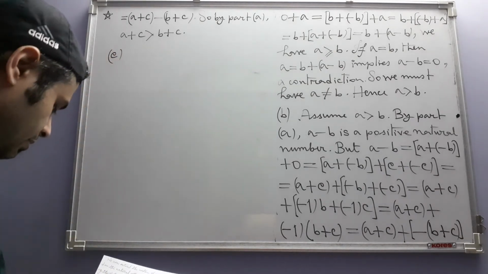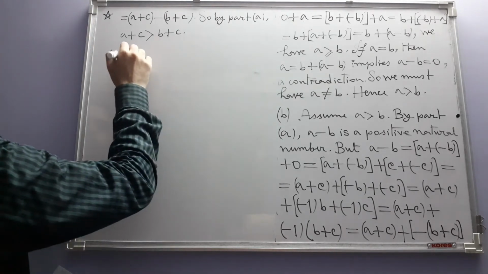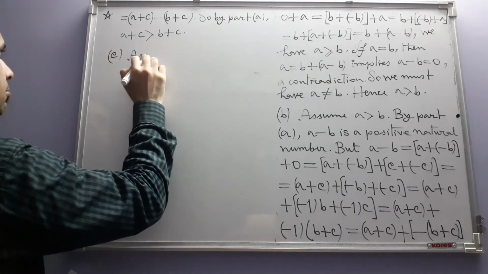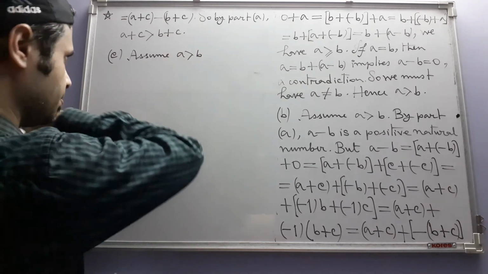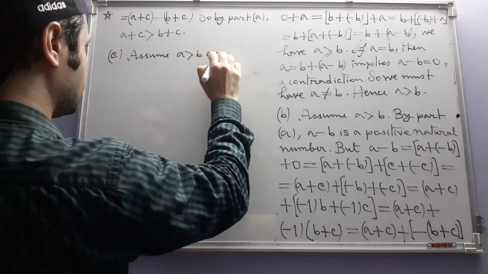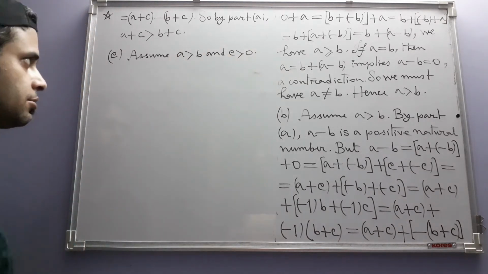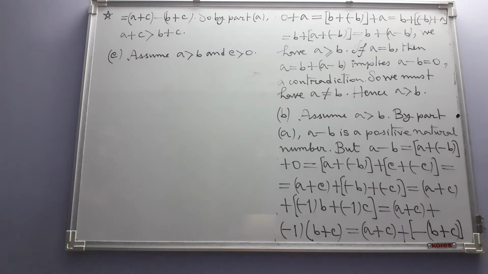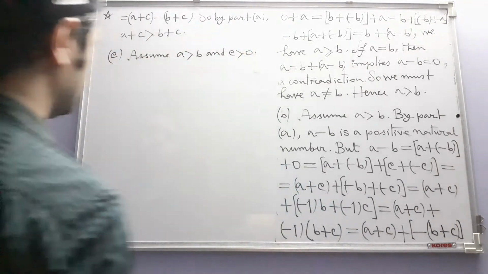Then part C, here positive multiplication preserves order. Assume a is greater than b and c is greater than 0. Positive multiplication preserves order, right?